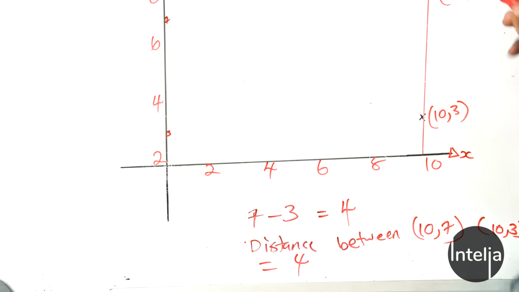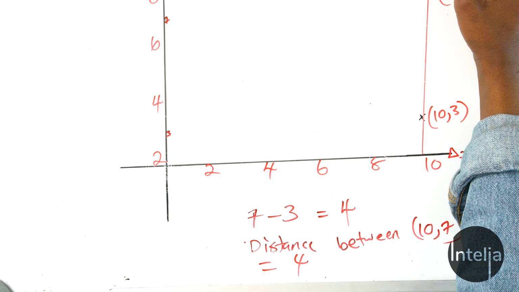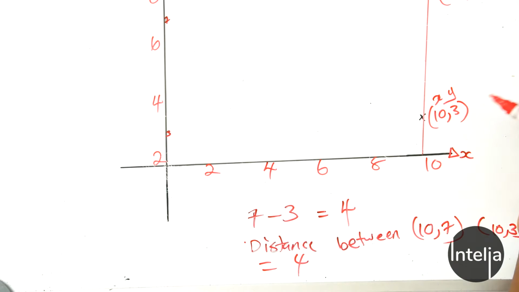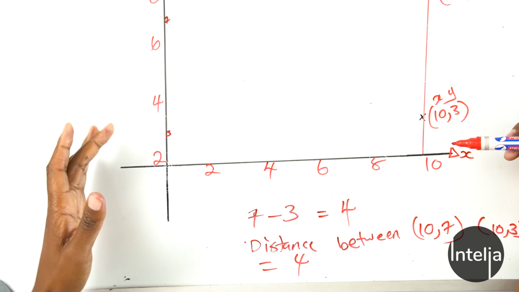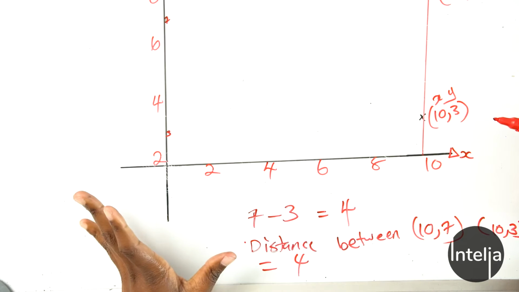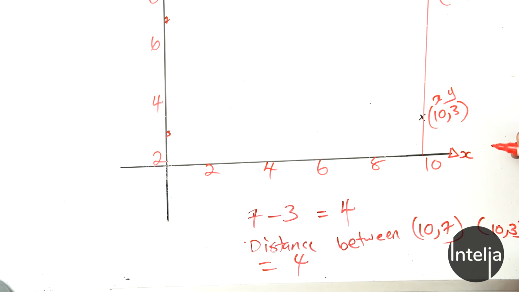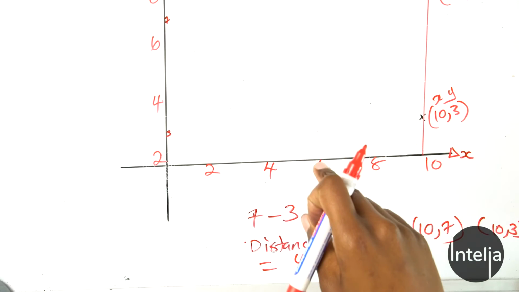So remember we said these are the x-axis and the y-axis. Always know which one is the x-axis and which one is the y-axis. The y-axis is the line that is vertical, and the one that is horizontal, that's the x-axis. So this is how you find the distance between given coordinates on a graph.